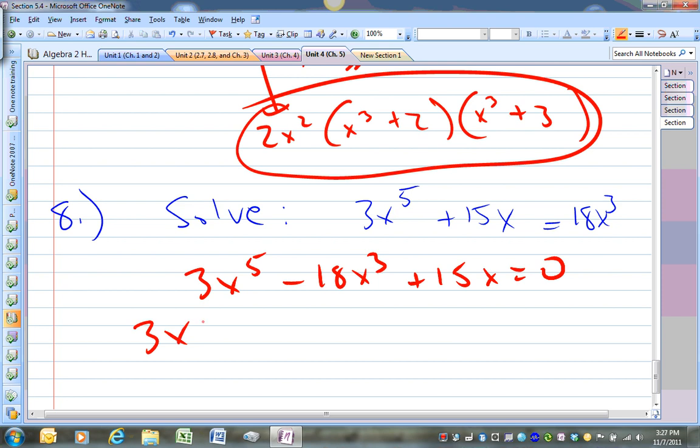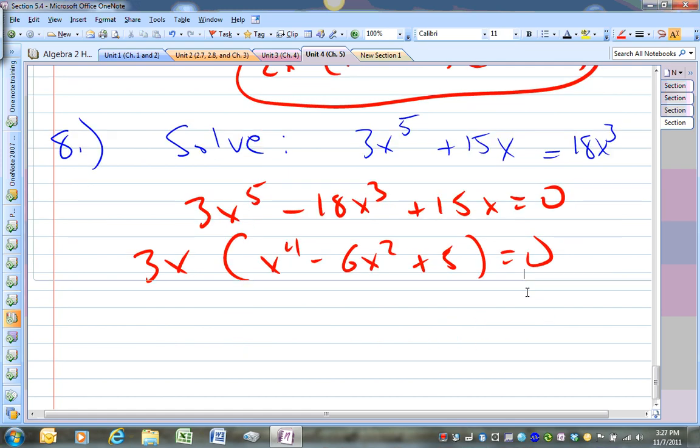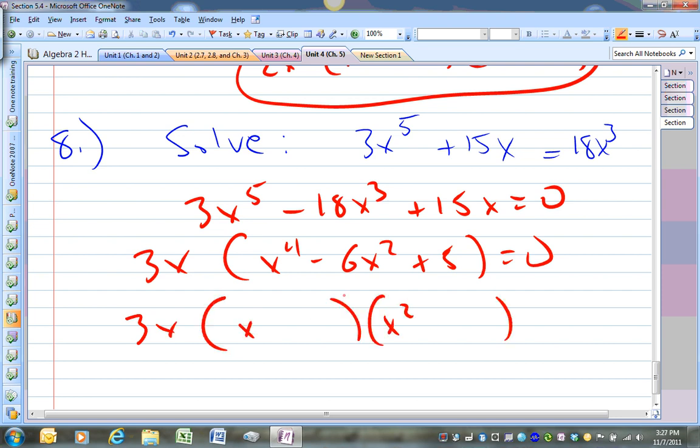Pull out a 3x. So you have x to the 4th minus 6x squared plus 5. You can factor even further. Now x to the 4th breaks apart as x squared times x squared. And so x squared is kind of like your linear term if you want to think of it that way. Minus 5, minus 1.